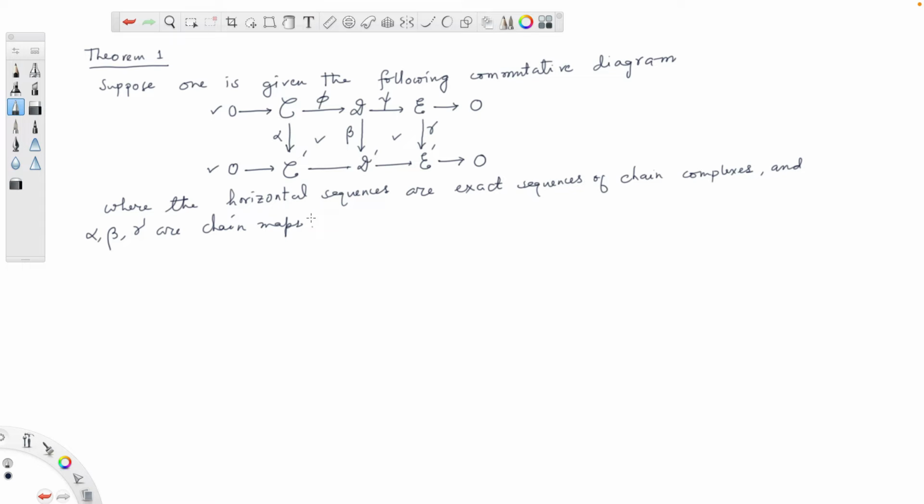So if this is the case, then the following diagram commutes as well.